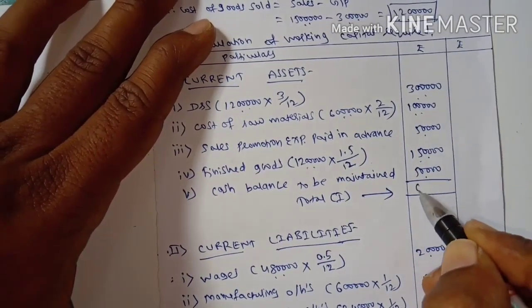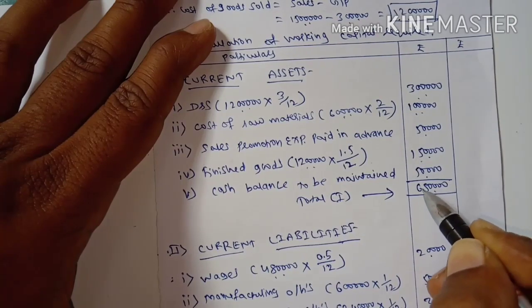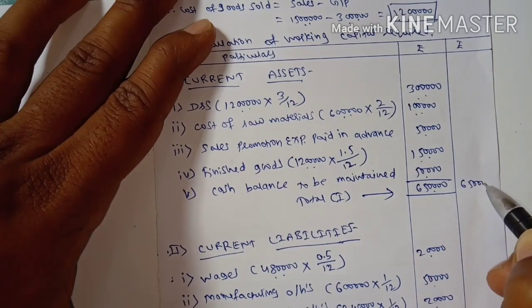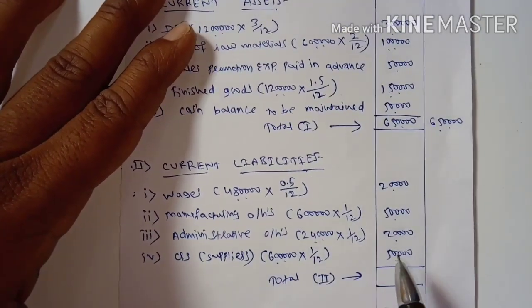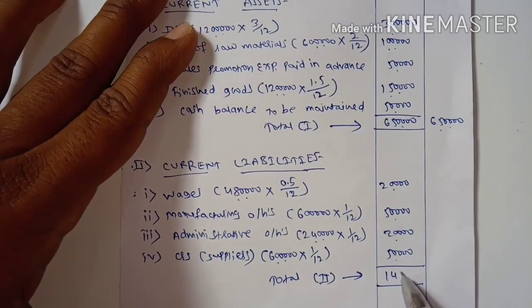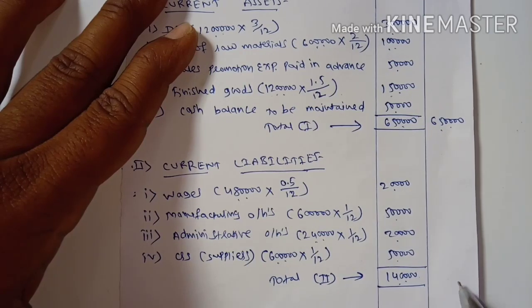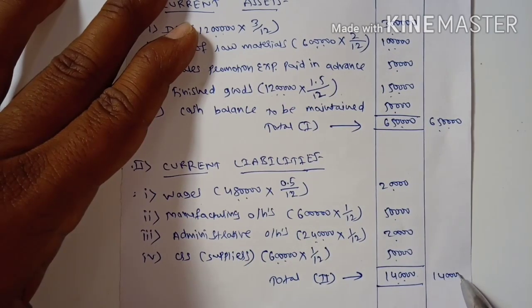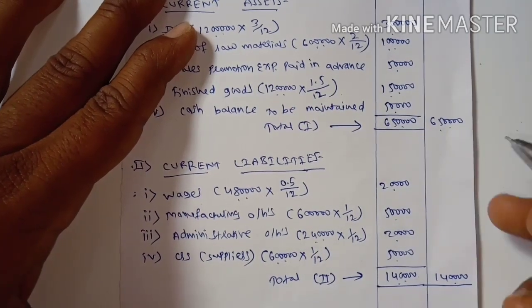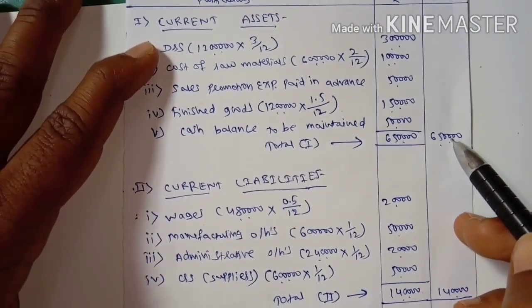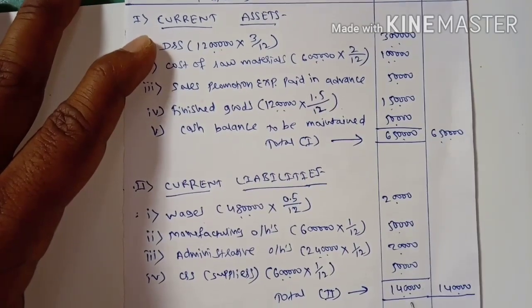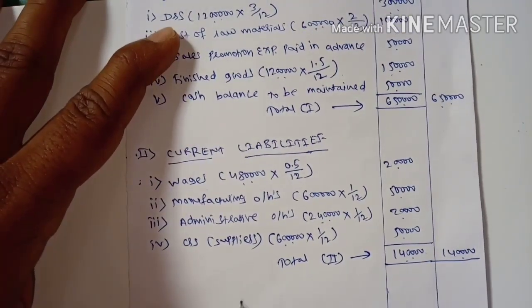It will be 6,50,000. I will take it to the outer column, and the current liabilities total will be 1,40,000. I will take it to the outer column, 1,40,000. So working capital is current assets minus current liabilities. Current assets are 6,50,000, current liabilities are 1,40,000.